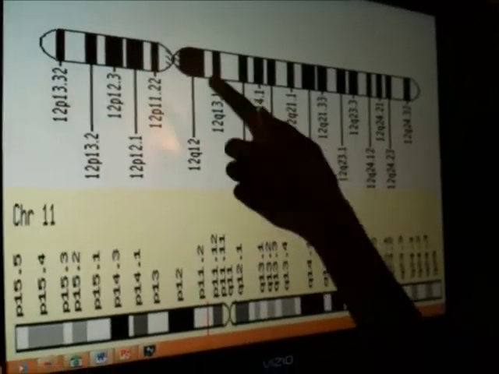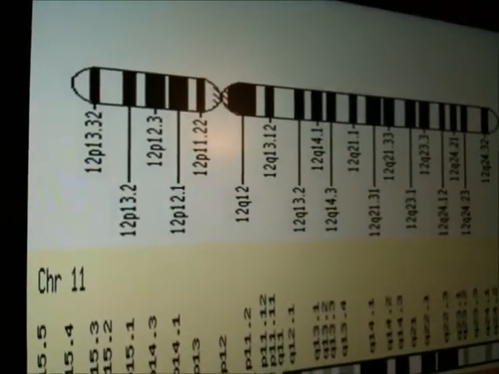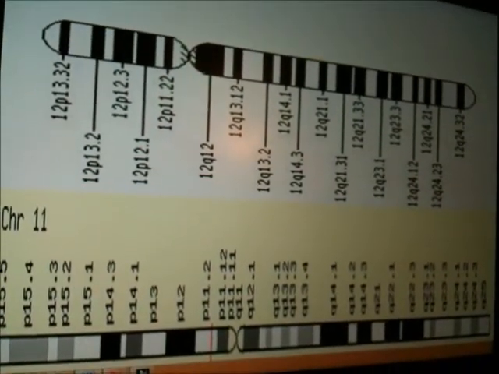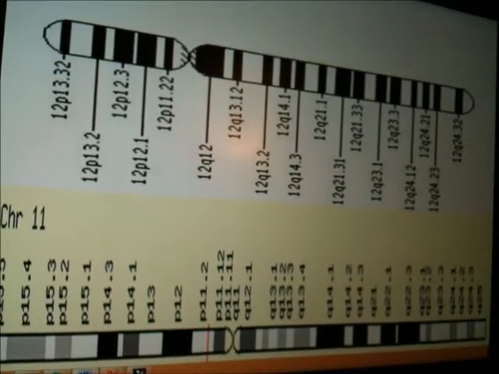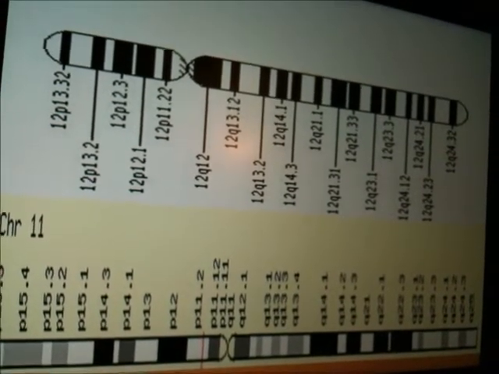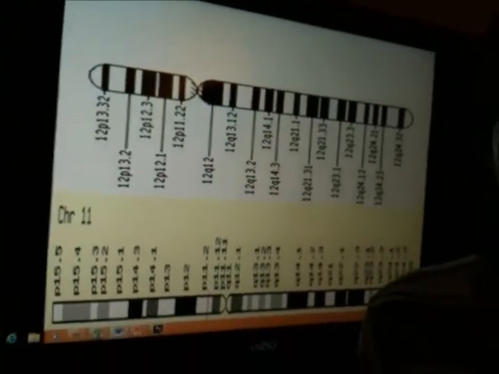This is a picture of chromosome 12. That gene had been shown to be involved in regulating blood pressure and muscle contraction in the uterus and the heart.